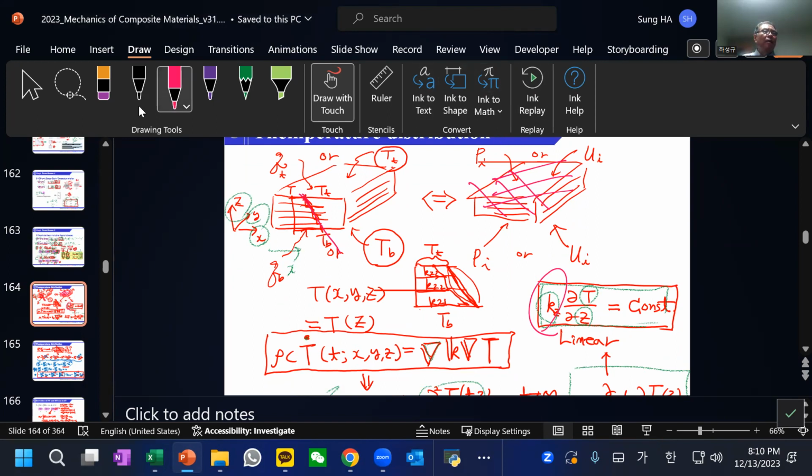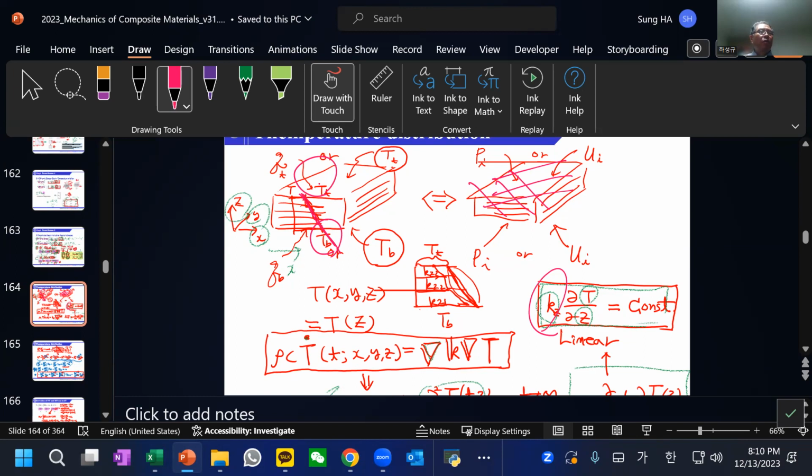So as a simple case, when we have a delta T, the temperature at the top and the temperature at the bottom, we can understand the temperature will vary linearly.